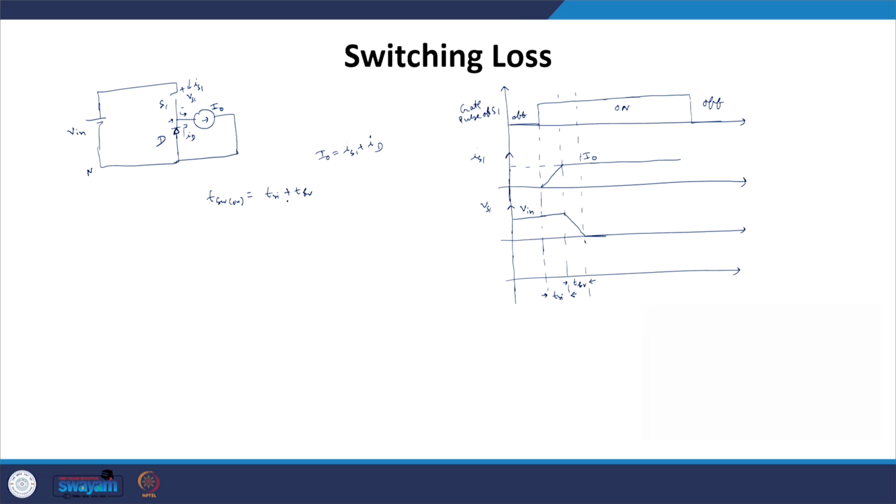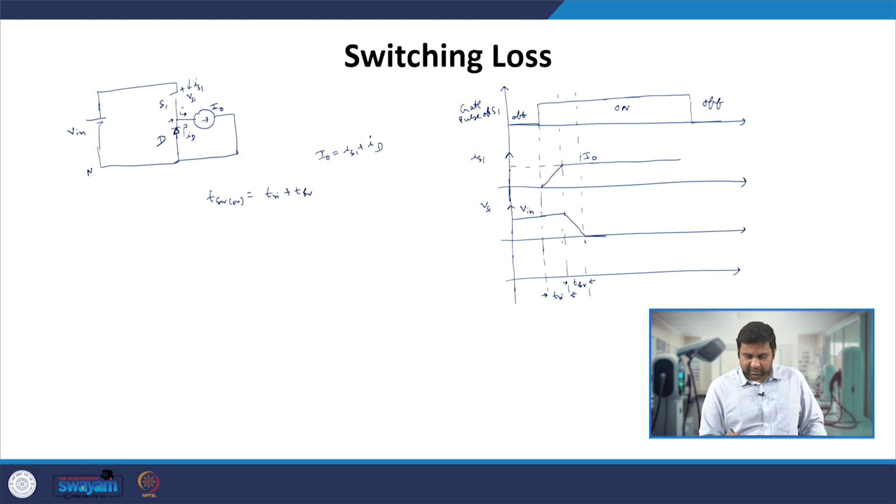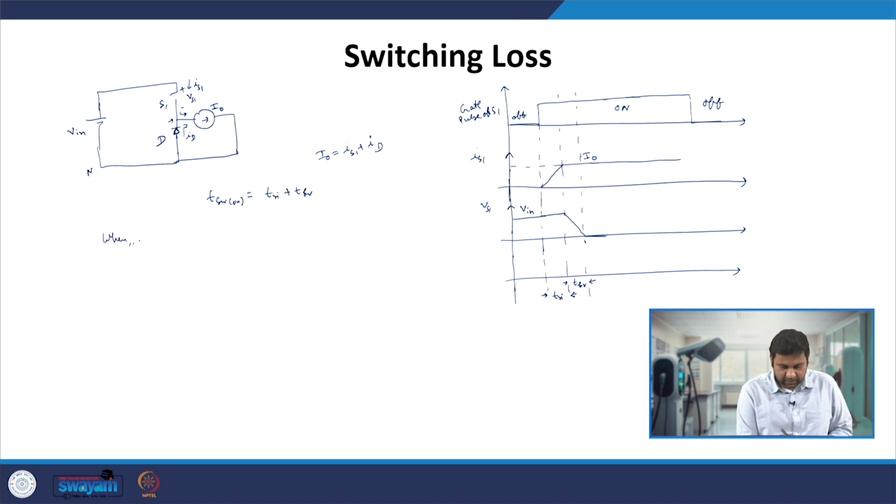If we try to find out the losses happening through the switches, let us first find when t is between 0 to TRI, that means from this point to this point.